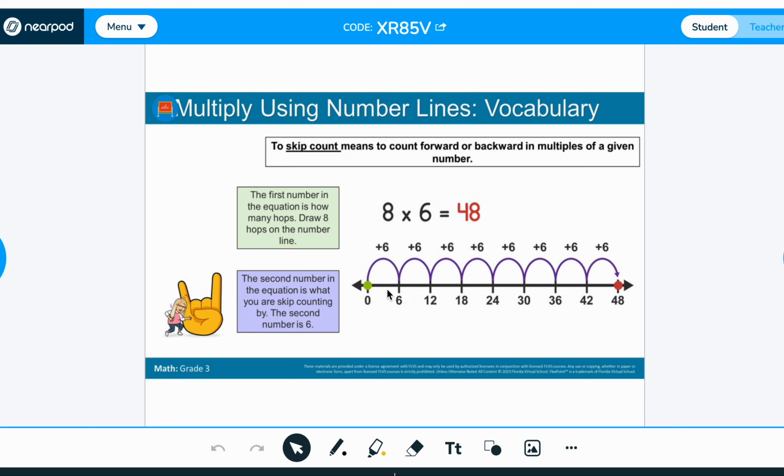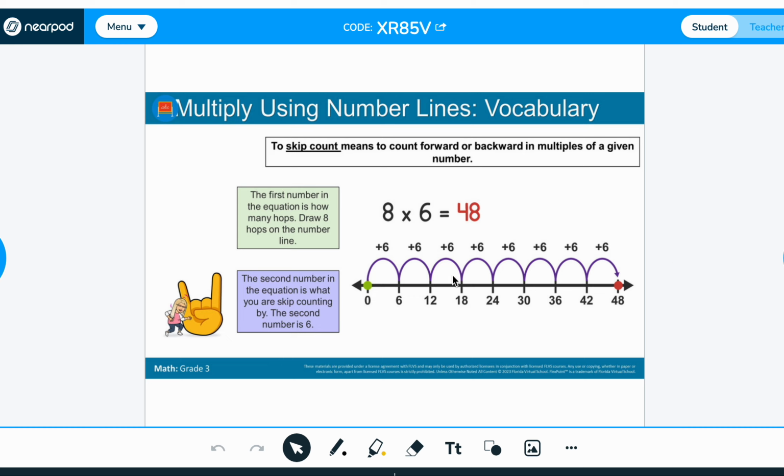They just start at 0, add 6, and you get 6. What's 6 more? 12. What about if we add 6 more? 18. So I know 8 groups of the number 6, or 8 hops of the number 6, means that I'm going to get all the way out to 48.